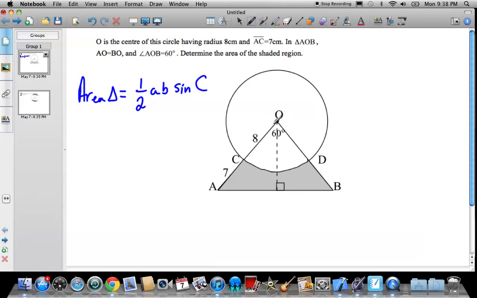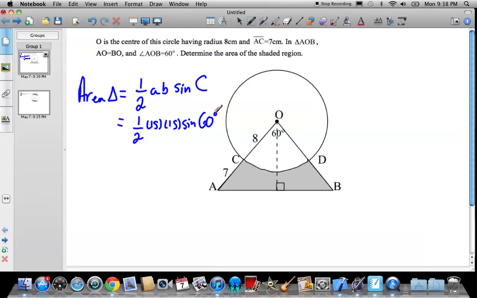So you're basically just looking for a corner with two sides given and the angle in between. So it's going to be 8 plus 7, so 1/2 times 15 times 15 sine of 60 degrees. Make sure your calculator is in degree mode here. Hang on, my calculator's not in degree mode, so I didn't follow my own advice.